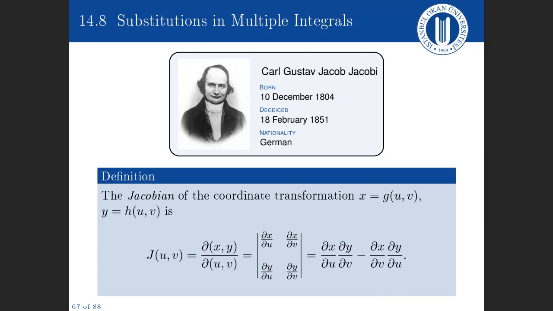So that's first one over first one. First, we're doing dx du, and we're going to multiply that by second one over second one, multiplied by dy dv. And then we do minus, and then we swap them around. We swap the positions of u and v.